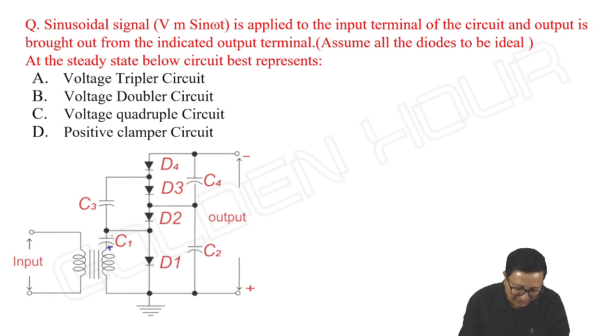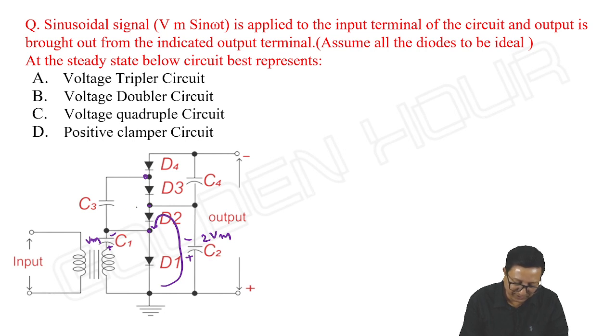So here the first capacitor will charge up to Vm like this, and this is the second loop, and from here to here this capacitor will charge up to plus minus 2 Vm, because look at the direction of this diode. Next, this part between these two we have to see.